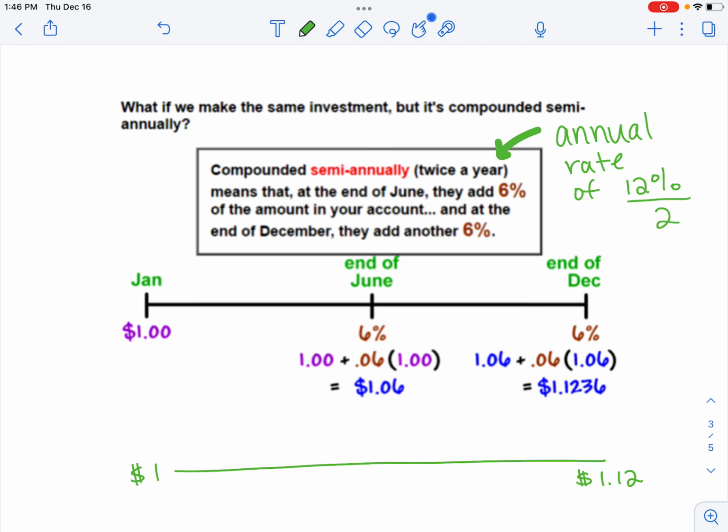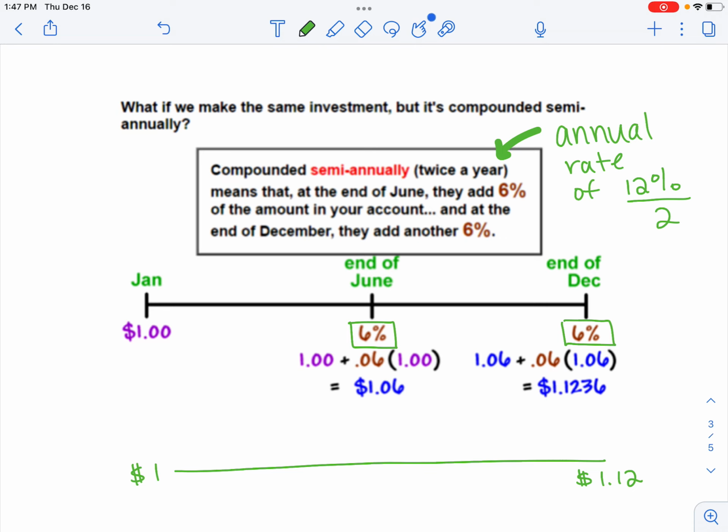it by 2. So we're getting 6% added to our money halfway through the year, so let's say the end of June, and that dollar is now added to 0.06 times 1, or 6 cents added to the dollar. And then at the end of the year, we get the other half of our 12%, or the other 6% added to our money.